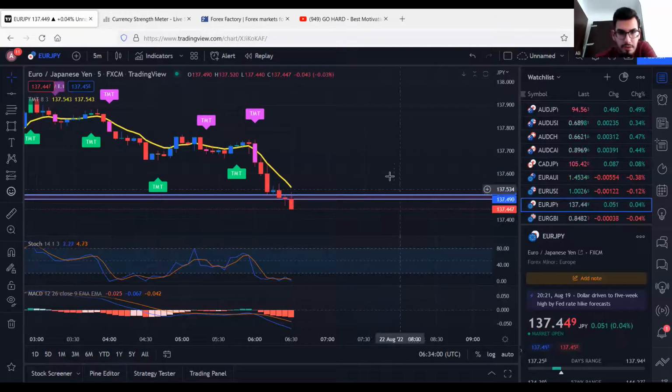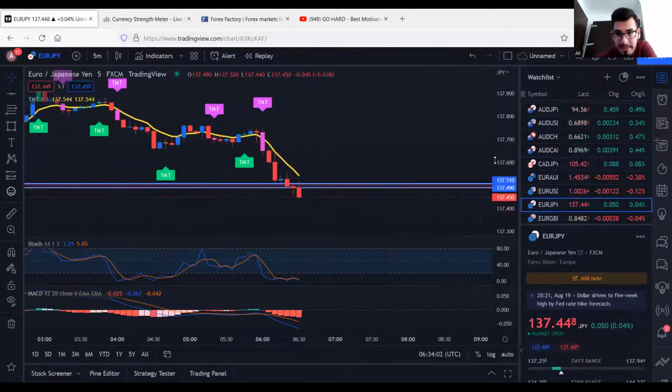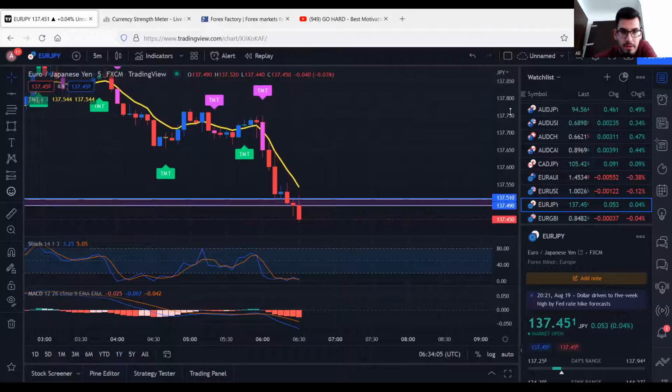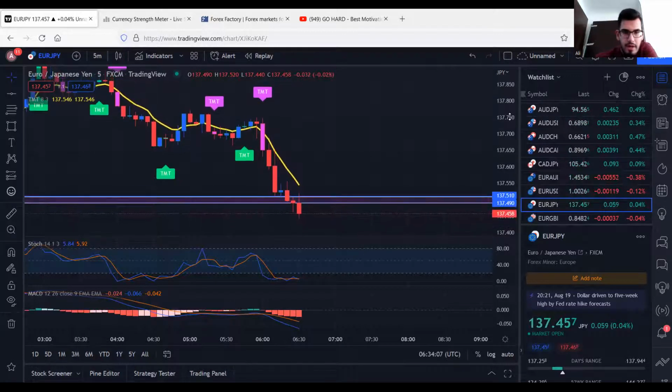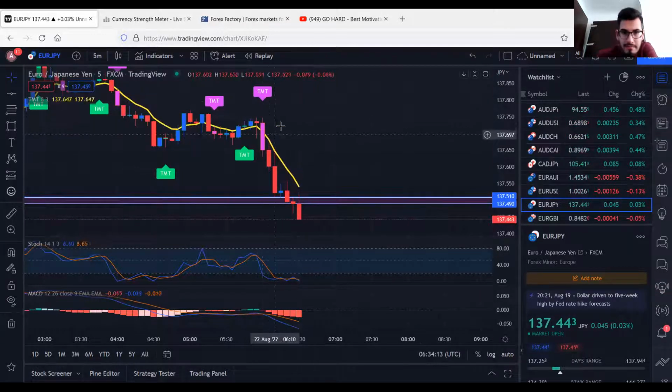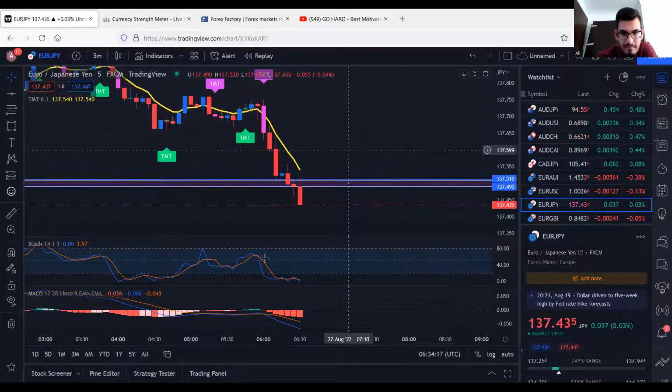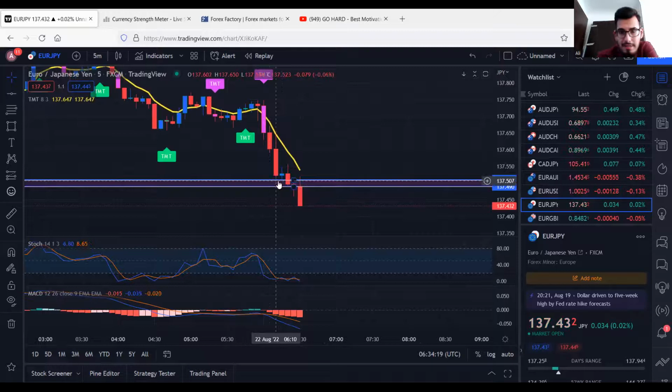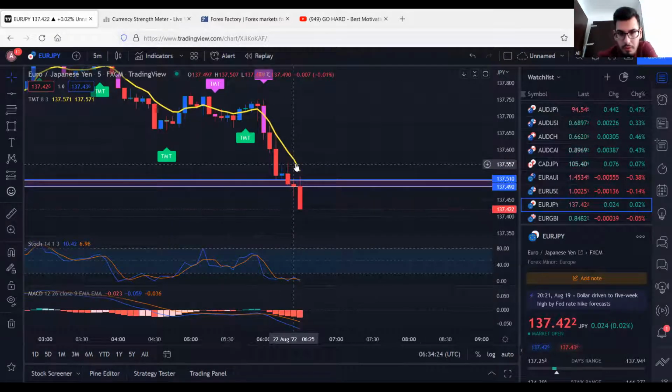Let's see, Euro JPY. As I said, it's just not doing anything useful. That's why for Euro JPY, I would avoid it as well. Because look, you can see it for yourselves. Look how many bearish candles it had. Till now, even inside of my area, it should have started bouncing back up in the opposite direction.